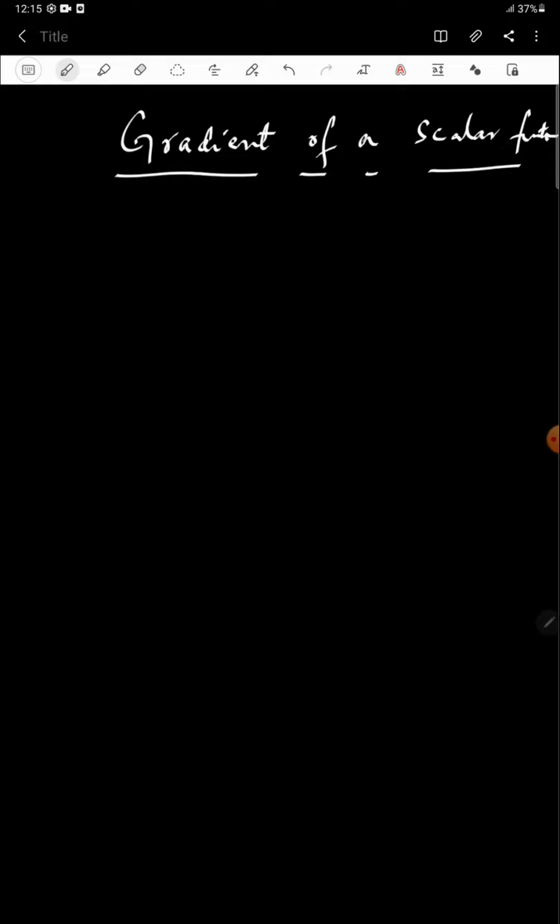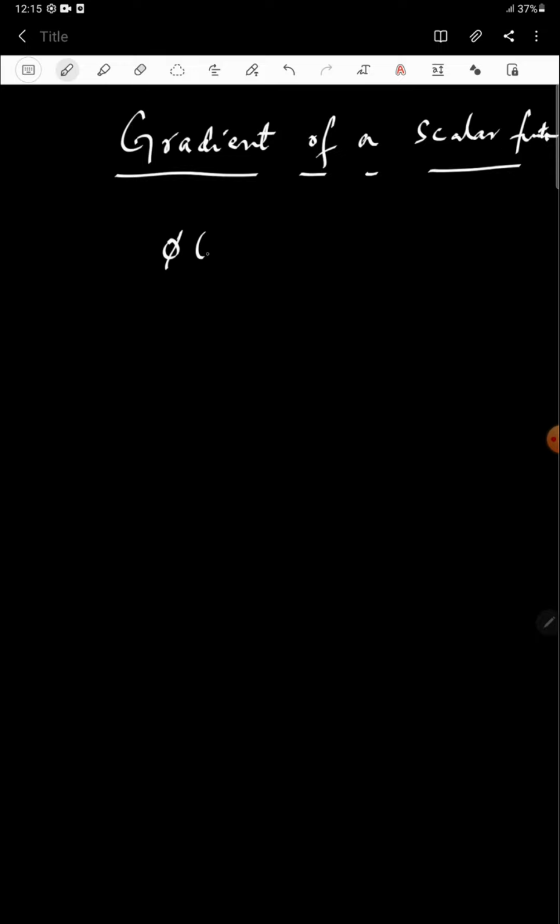Dear students, we are going to look at a very important concept of vector calculus, that is nothing but gradient of a scalar function. It's so simple.